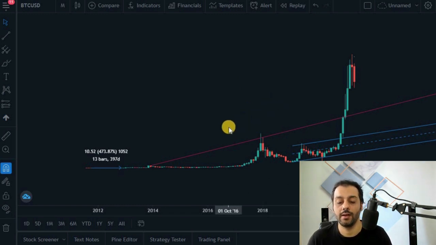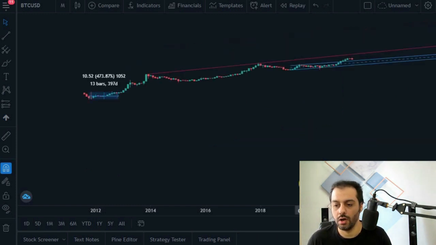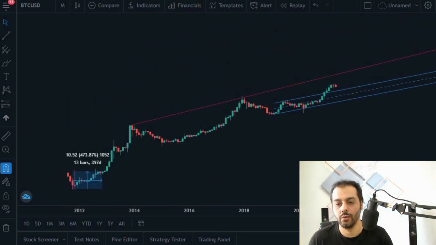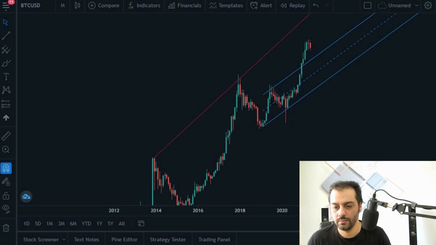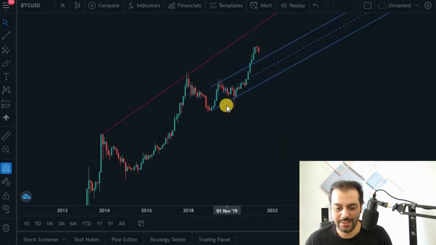When we have this huge difference in technical analysis, what we do is we use a logarithmic chart or log chart, log version of charts, if you will. When we zoom out, what we see here is there is a channel.